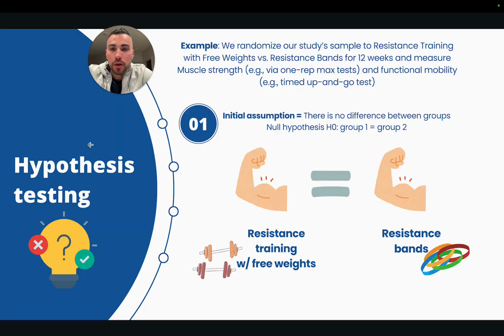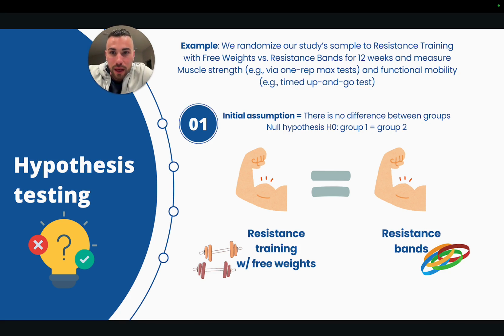Now, let's think that we're going to run a randomized clinical trial where we're going to assign our participants to resistance training with bands and resistance training with free weights. We're going to run the study for 12 weeks and we're going to measure muscle strength and functional mobility. So before running any test, the starting point for our project is going to be our null hypothesis.